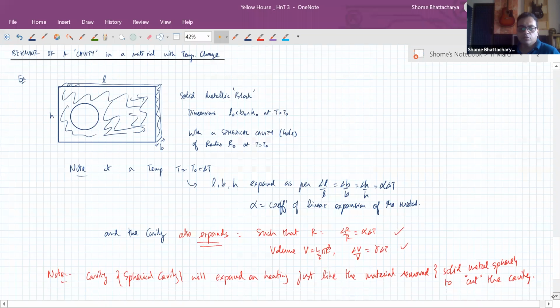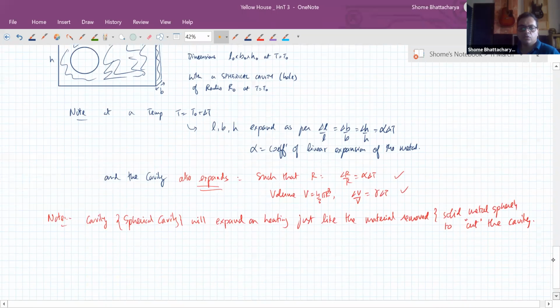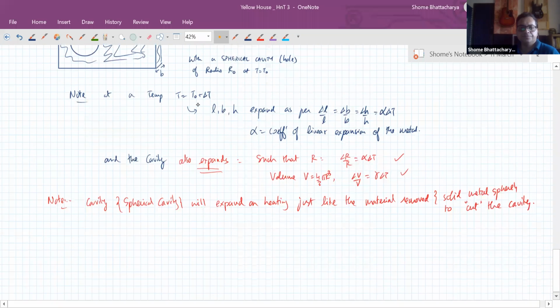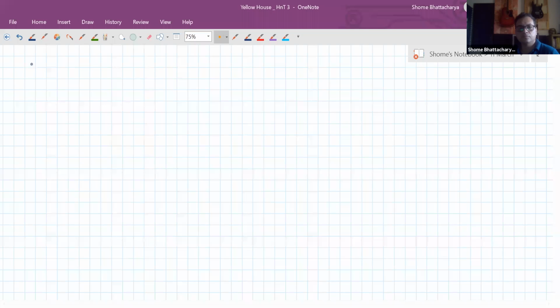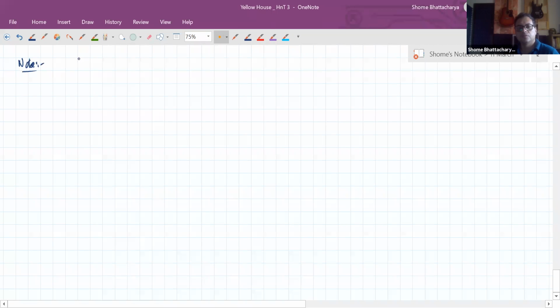Okay, so now a very important consequence of this concept here is that the capacity of a vessel, for example, we have a glass container.